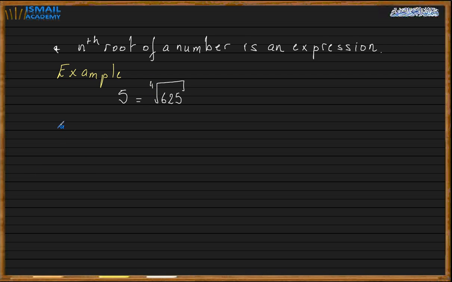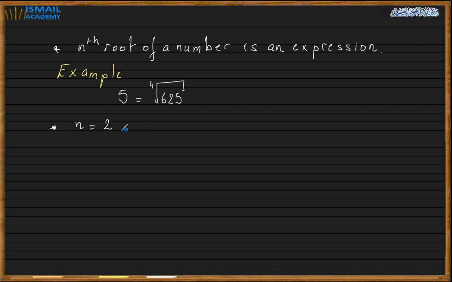The third note I want to talk about is if n equals 2, we don't use second power of or second root of. Instead of those two words, we use one word, square: either square root or a number squared.